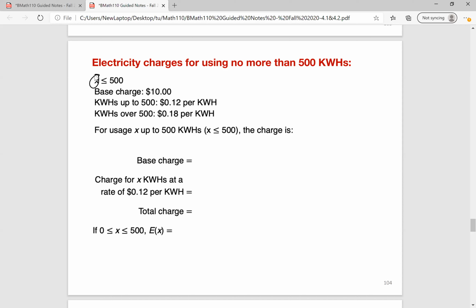I will still use the rate for that range, 0.12 per kilowatt. So now let's find the cost for X kilowatts, with X less than or equal to 500. The base charge is still $10.